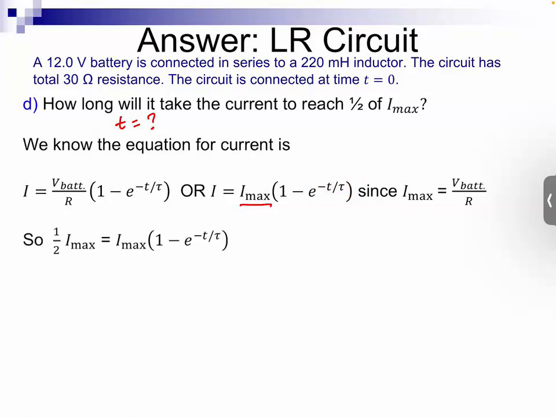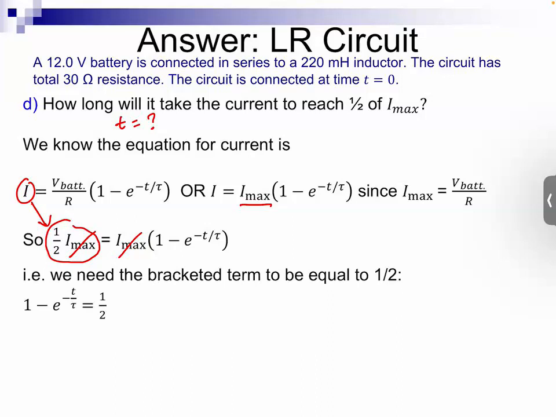So we want the time when the current is equal to 1/2 of the maximum value. We're just replacing the current with the required current. Current is 1/2 the maximum value, so you can cancel out the maximum current on both sides of the equation, or think of it as needing this bracketed term to be equal to 1/2.